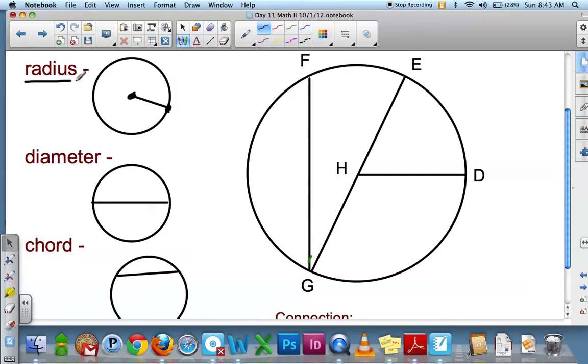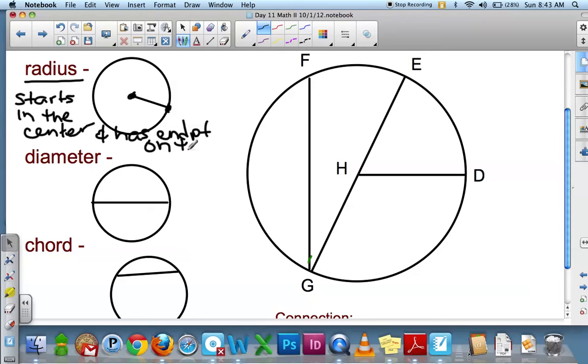It's important to know that it starts in the middle, or center, and has an endpoint on the circle. You should have written down: starts in the center and has endpoint on the circle. Okay, so that's a radius.